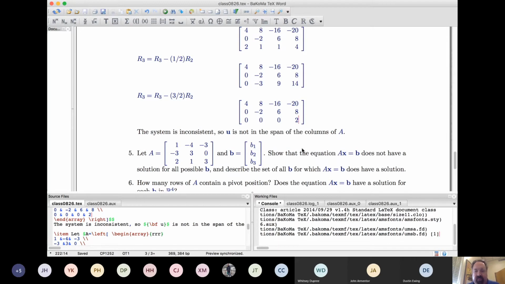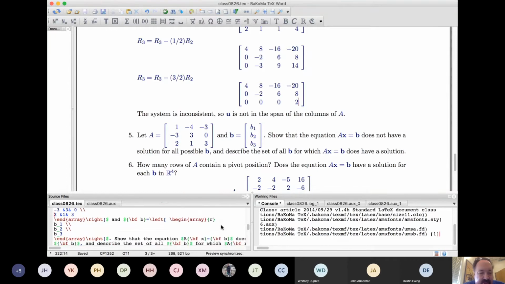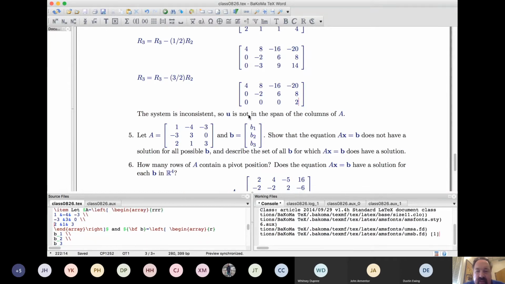All right. This next problem is a similar idea, but a somewhat different question, because here the right-hand side is not specified. It's just some numbers B1, B2, B3.